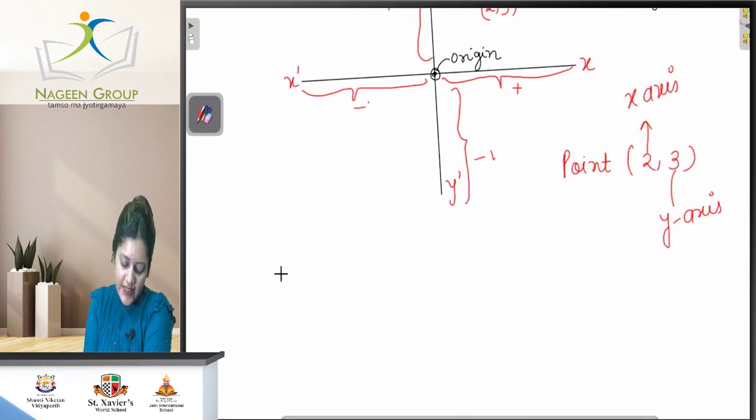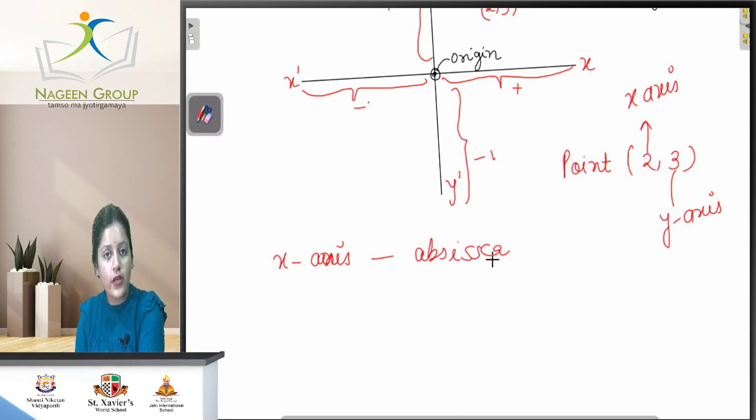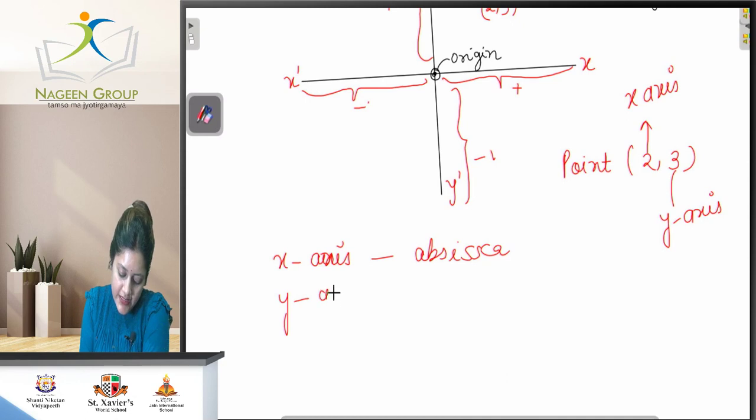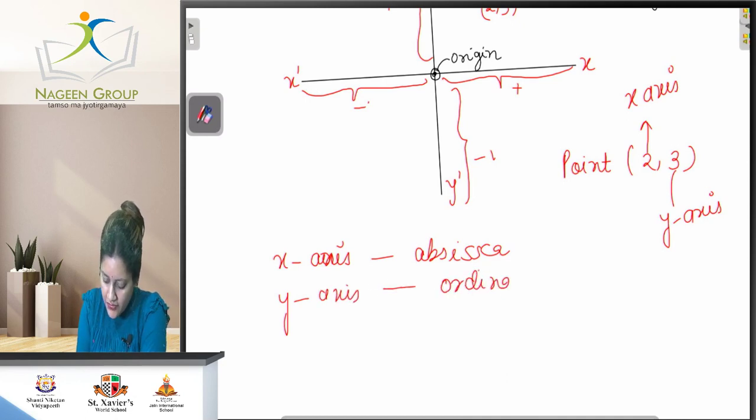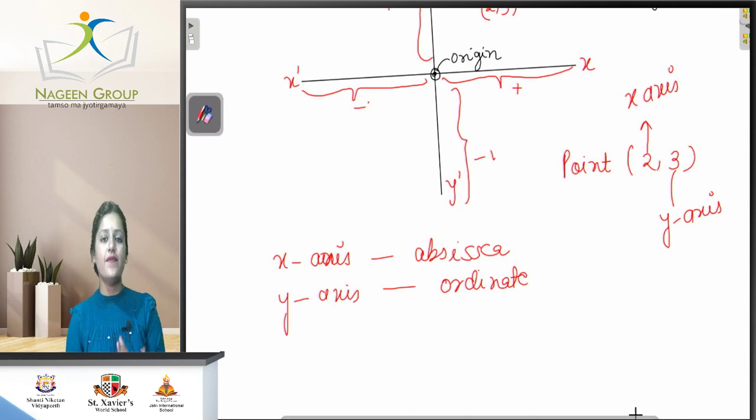This x-axis point is known as the abscissa, or x point. This y-axis point is known as the ordinate. So we get the point as abscissa and ordinate, in which the abscissa is written first and the ordinate is written second. Fine.